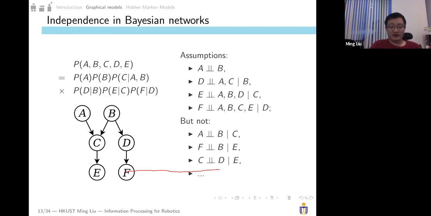In the previous case, we can easily tell the conditional independence directly from the graph. Because of what? Because we can group all these nodes into subgraphs, and you only have limited cases.